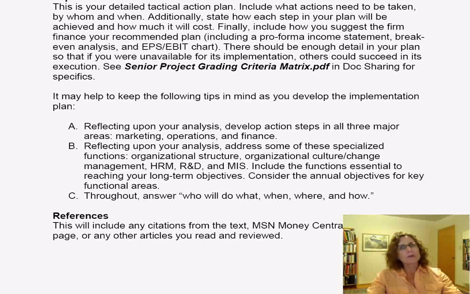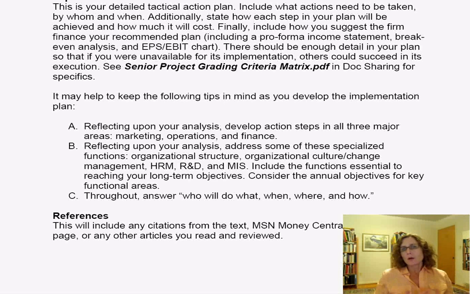In that, it would be a good idea to consider social responsibility and ethics and how that all fits in. Consider human resources management, research and development, management information systems. Include all of these functions that are essential to implementing your plan so that you can achieve your long-term objectives.